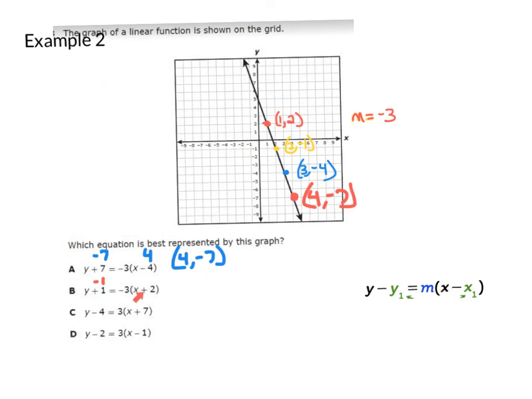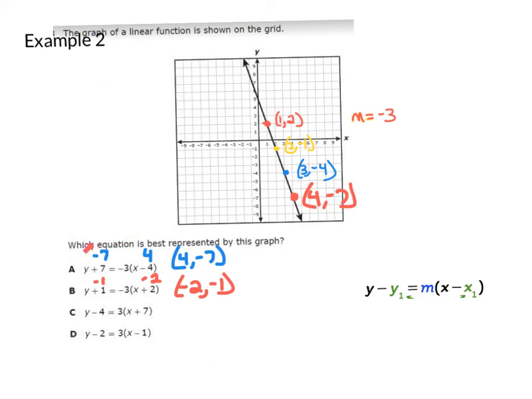Well, if this became x plus 2, then we should have been subtracting a negative 2. So then this would have been negative 2. So this would have to be an x of negative 2 and a y of negative 1. Do we have a negative 2, negative 1? All right, we do not have a negative 2, negative 1.